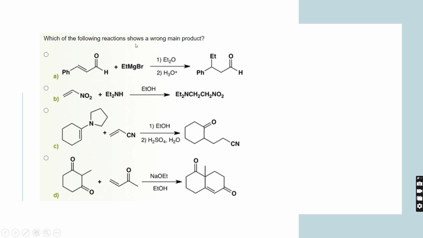So what will happen when you add this Grignard reagent to the alpha beta unsaturated aldehyde?